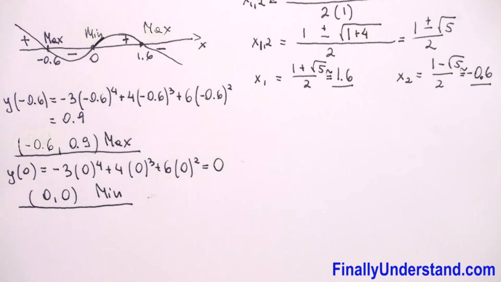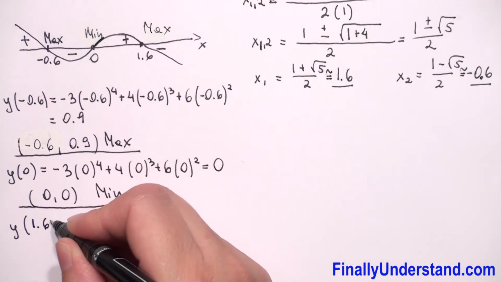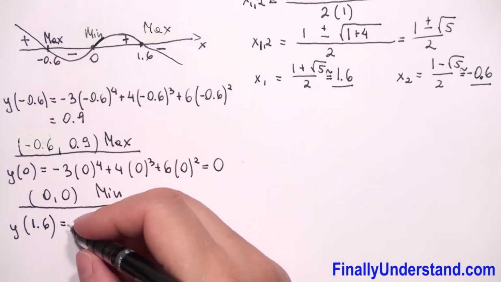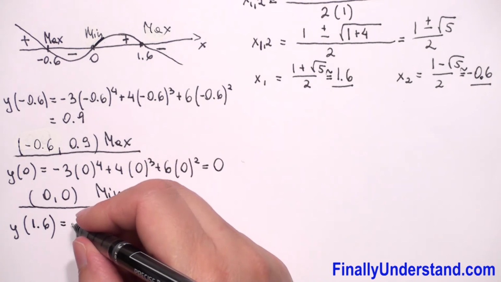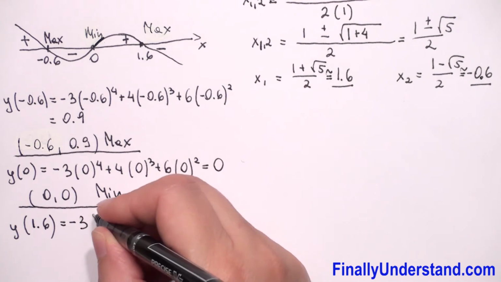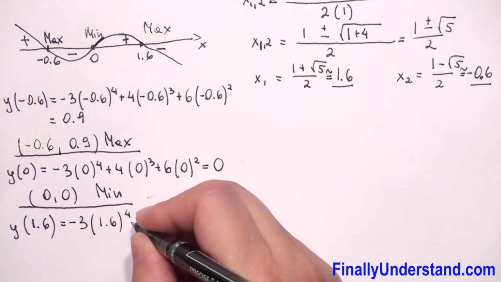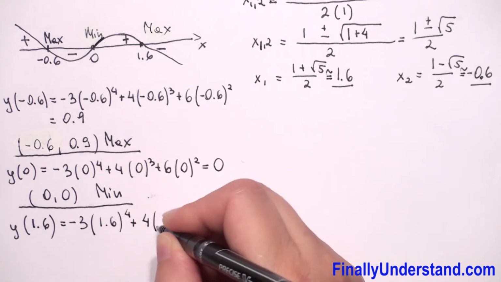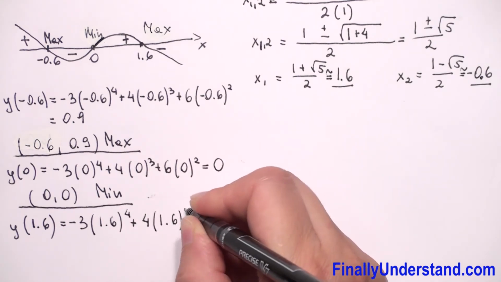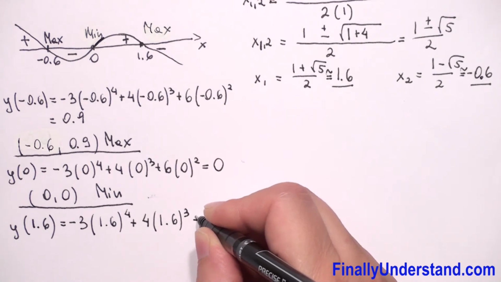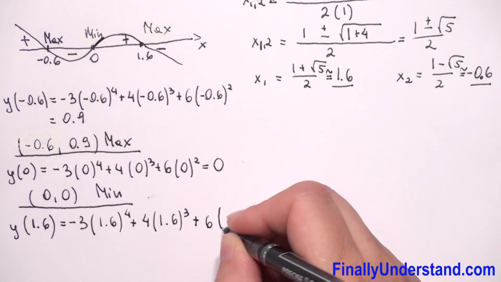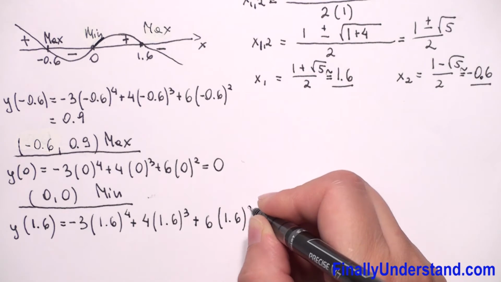Now we have to find the third point, y of 1.6. We have to replace x's by 1.6. So we have negative 3 times 1.6 to power 4 plus 4 times 1.6 to power 3 plus 6 times 1.6 to second power.